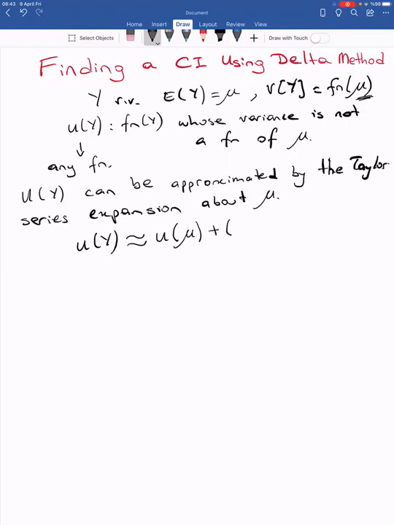The second one is the difference between the variable and the parameter itself, times the derivative of the function, where we replace y by mu.